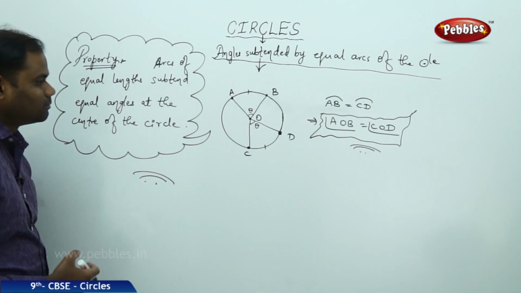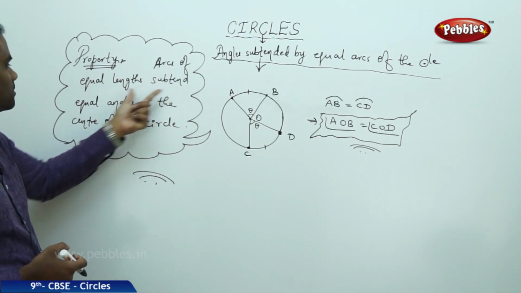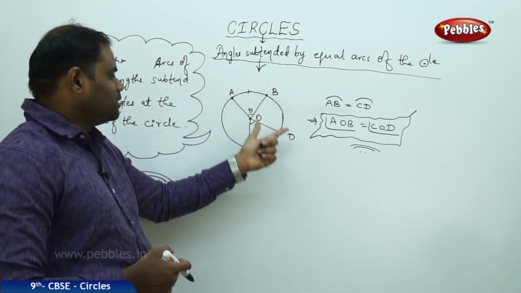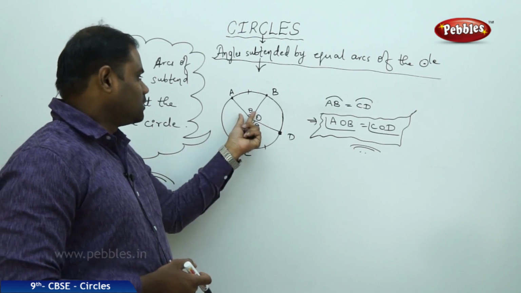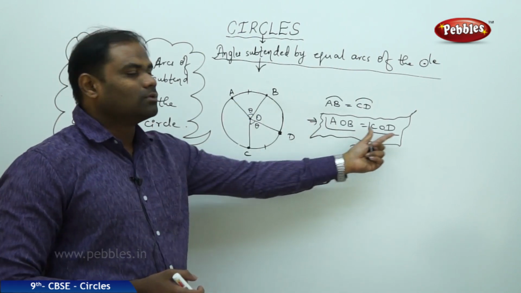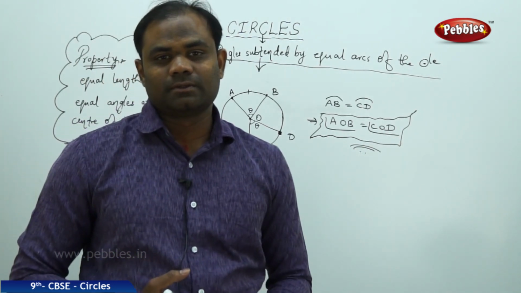So my learning outcome in this property states arcs of equal lengths subtend equal angles at the center of the circle. Arc AB equal to arc CD implies angle AOB is equal to angle COD, is what the property states.